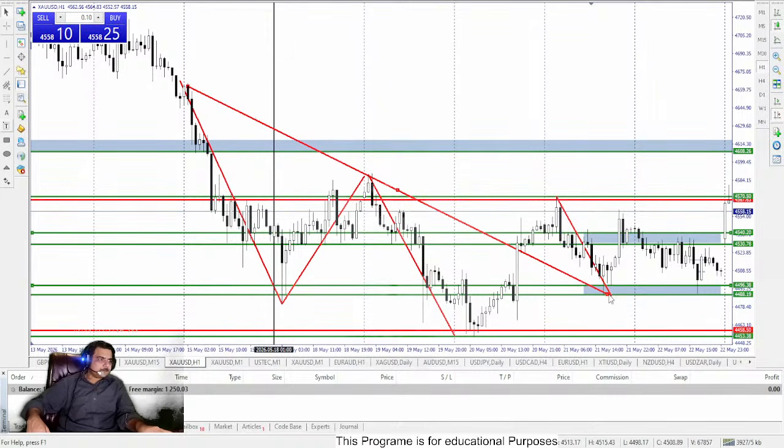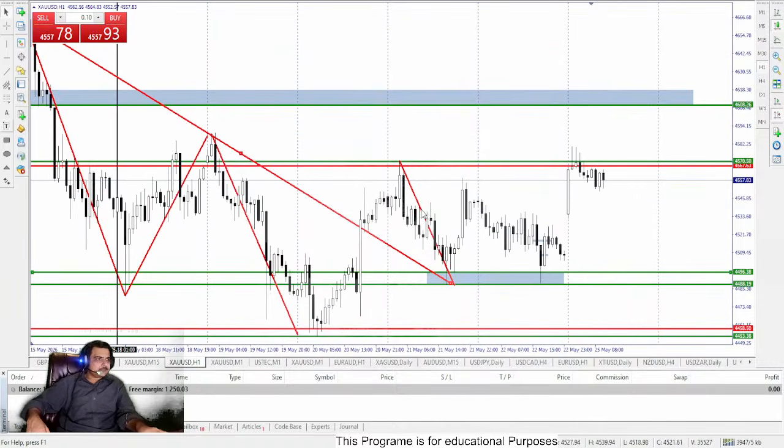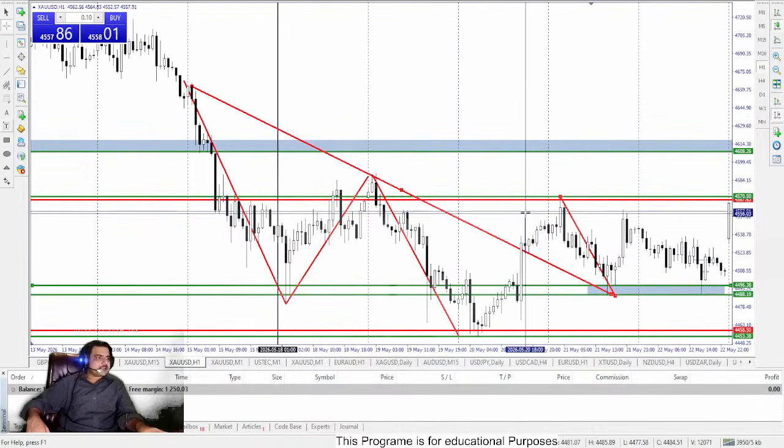See now, the market exactly took a support from there. So this level is of no use for me now. And this sell, anyone took it? How beautiful a sell it was. 786 pips.